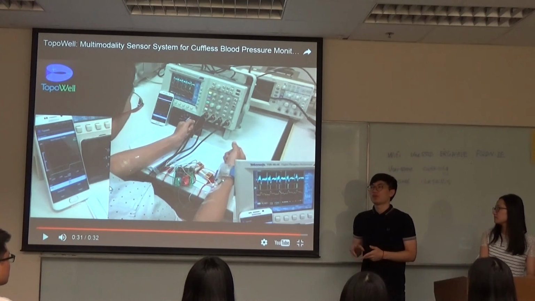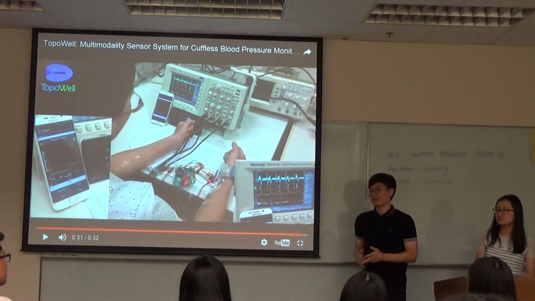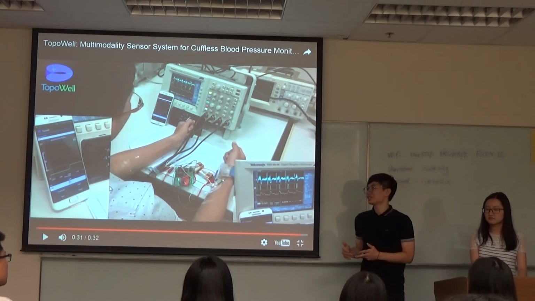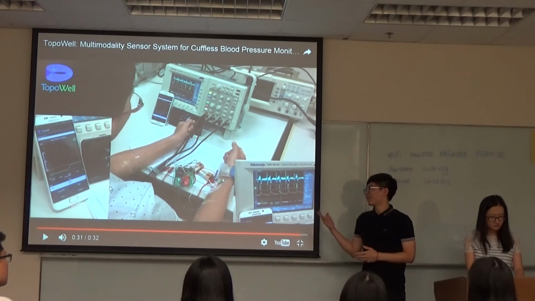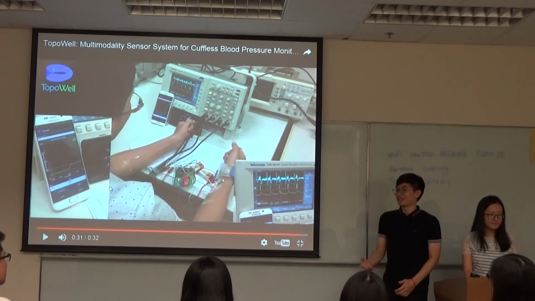The third is that with the cloud server, your physicians or doctors can access the history of the patient's blood pressure data very easily. And the fourth reason is that if we have a better algorithm than PTT, we can update it in the cloud server much more easily than in the mobile phone. Hope I can answer your questions.